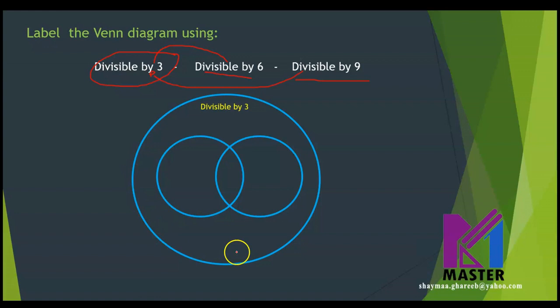So any number written inside this big circle must be a number that is divisible by 3. Now let's put divisible by 6 and divisible by 9. We can put divisible by 6 here and divisible by 9 here, and that's it. Or we can put them on the other side, switching the places of divisibility by 6 and divisibility by 9.